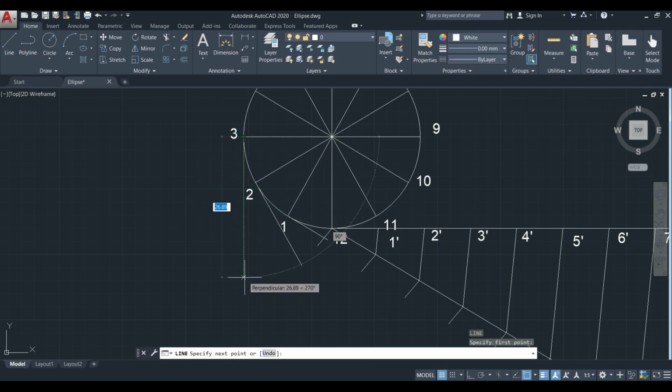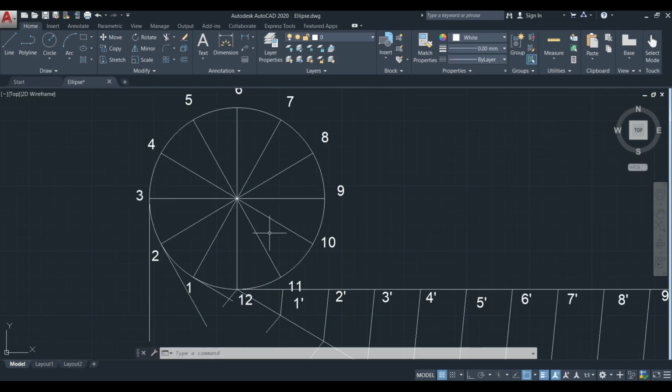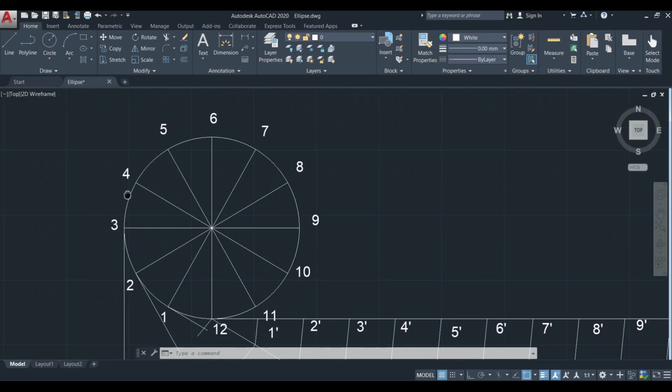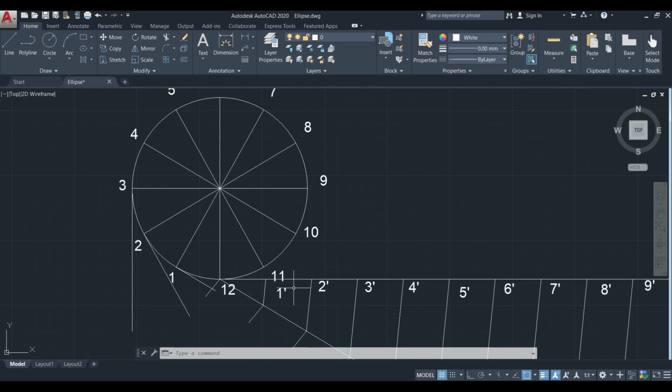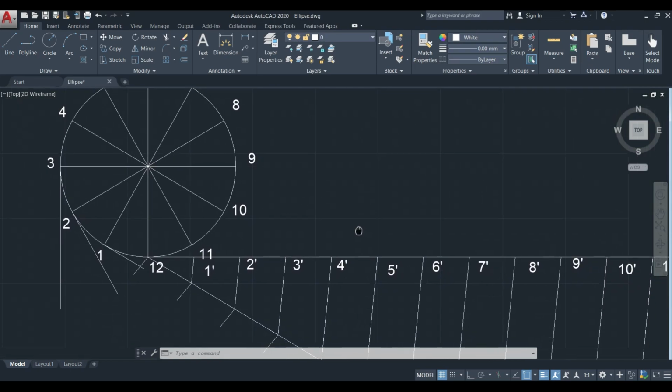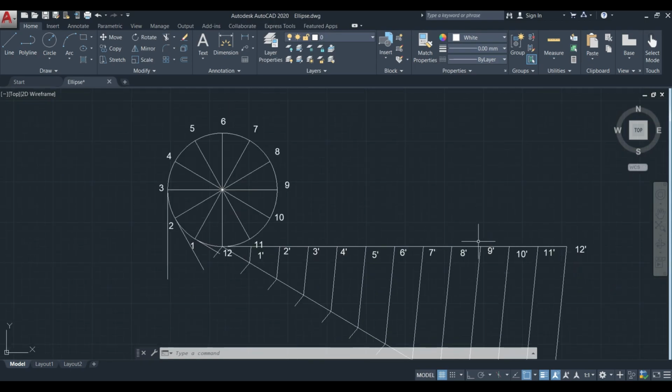Similarly, we have to draw different tangents to the circle at points 4, 5, 6, 7 up to 12 with distances of 12-4 dash, 12-5 dash, 12-6 dash up to 12-12 dash.